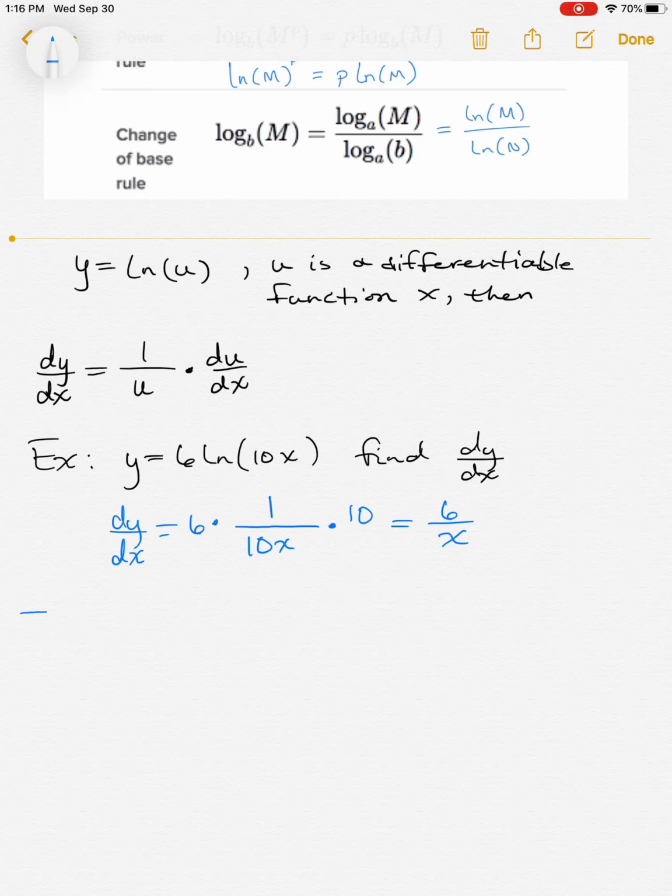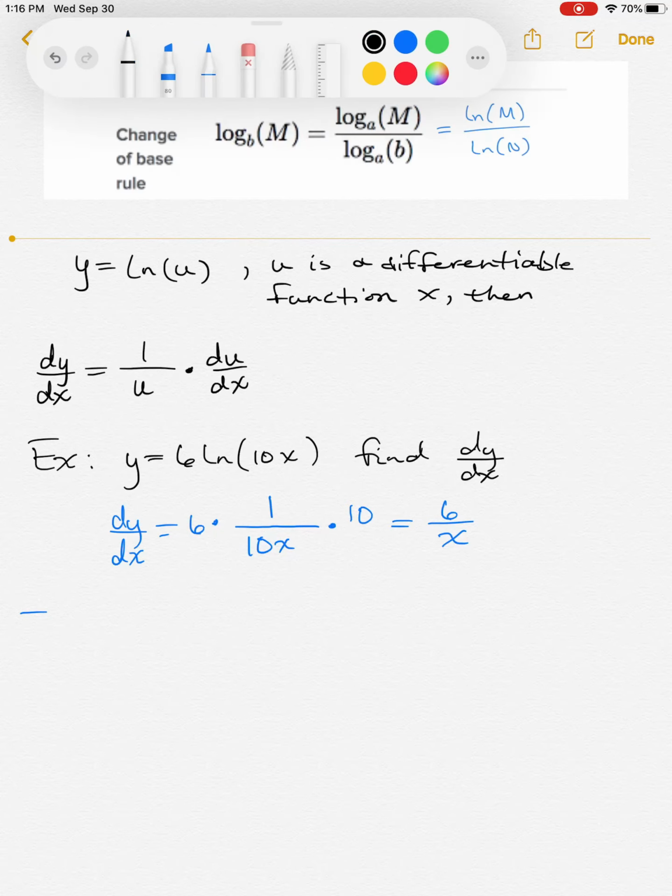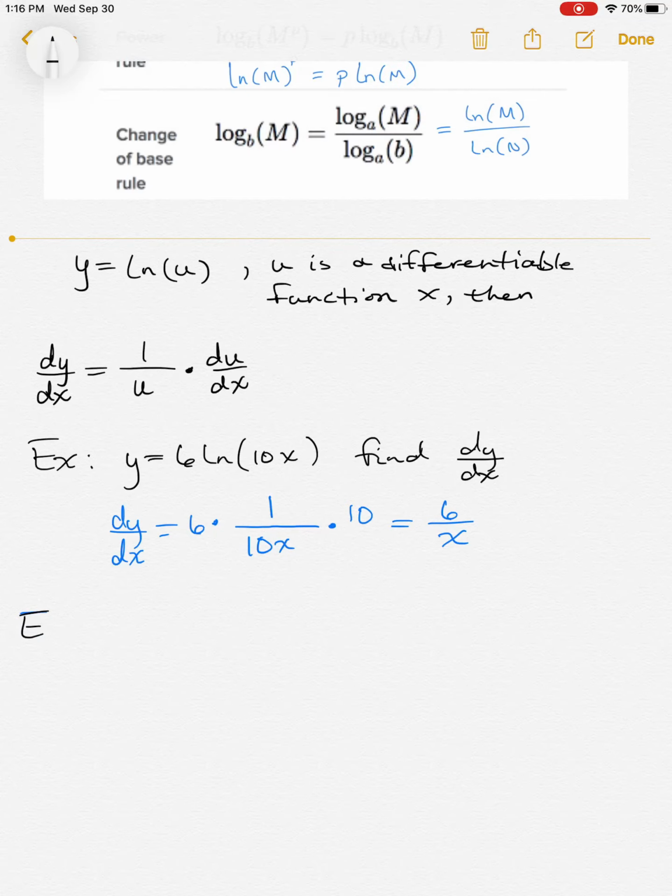All right, let's toss in one of these bad boys where we're going to have to apply some of these properties that we have up here. We got to recall all these properties. Say we have y equals natural log of t to the 10th. Now you can do this the long way or you could do it the short way.